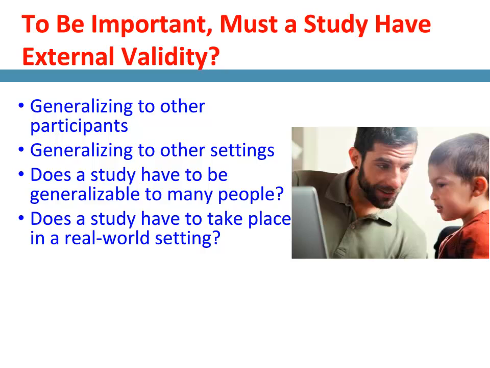In some cases, you'll absolutely want things to work out in a real-life setting. Other times, you're really just investigating, you're poking around a little bit, and so maybe you'll establish some things in the lab, and then a future study would take it out into the real world. So it really depends on your goals as a researcher, what kind of research you're conducting.